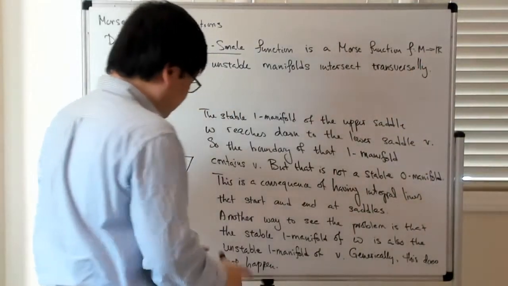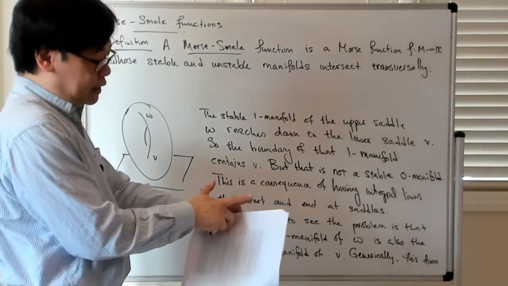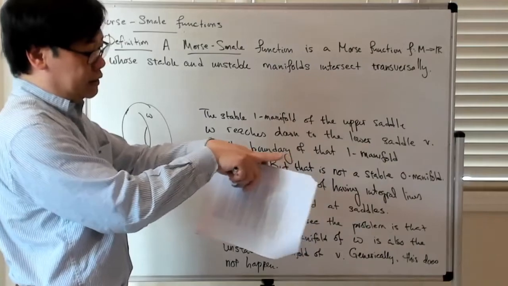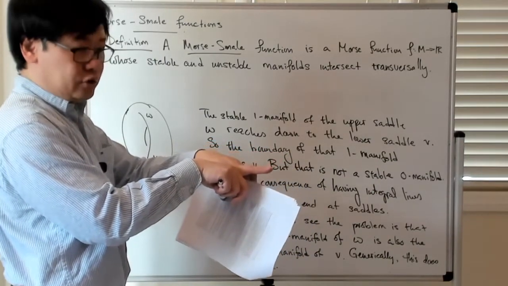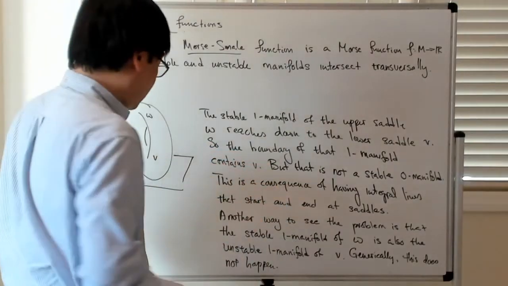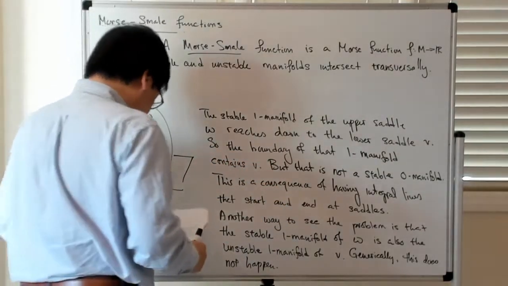The problem isn't so much that they intersect, but that they intersect in a way that the tangent spaces at the intersection agree with each other.